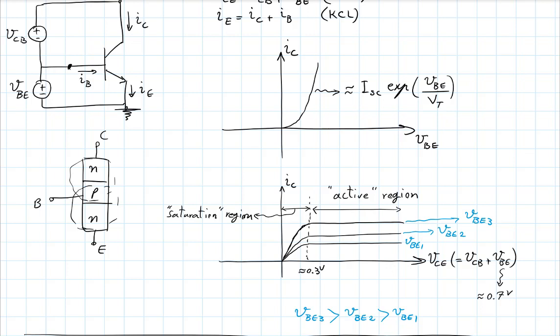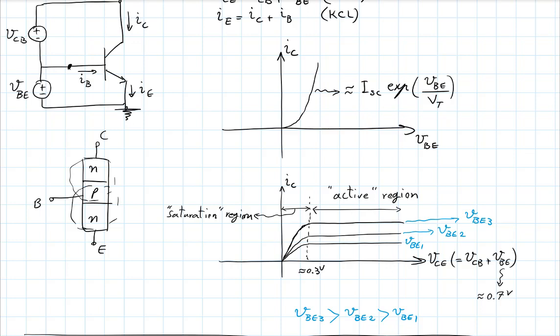So the collector current wants to increase, but it won't increase as fast because, on the other hand, you're decreasing VCE. So not only do you go to higher curves, but you're shifting to the left also. And the increase in the collector current is not going to be as high anymore.